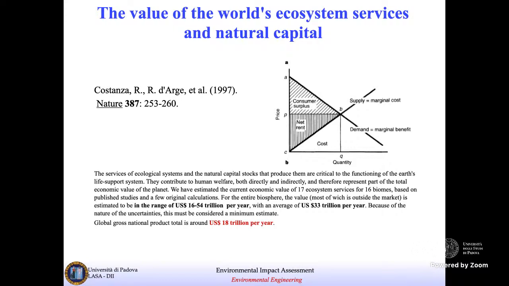This paper was the founding paper of a new branch of economic science, which is called environmental economics or ecological economics, in which, in evaluation of costs and benefits, somehow they tried to make a kind of estimation in monetary terms of the values of ecosystems or ecosystem services.